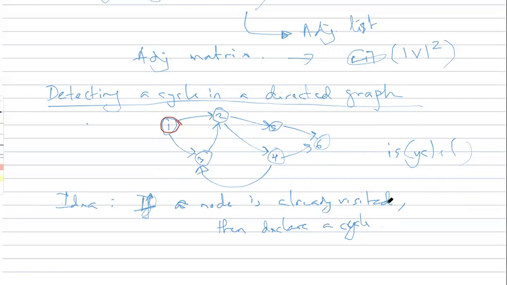That's what you're saying, correct? Yes. Okay, so now let's look at this graph. You can see here from 2 to 5, then it is visiting 6. So 6 is marked visited, and then it will come again and be about to visit 6 again, and you say, oh, I have already visited 6. It's a cycle, but we see that this is not a cycle.